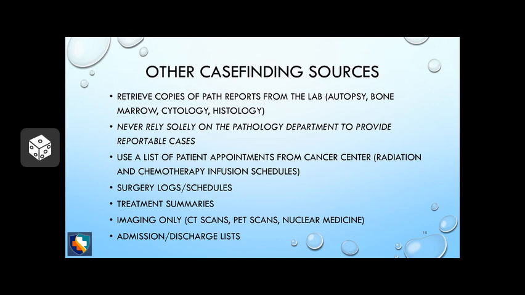Search the surgery logs and surgery schedules, and search treatment summaries. And for imaging-only cases, search CAT scans, PET scans, and nuclear medicine. And you can search admission and discharge lists.